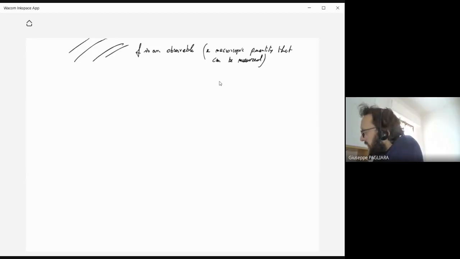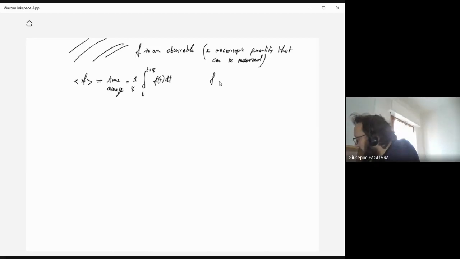And we can define a sort of average of F, a time average, as this sort of integral. I have 1 over tau, integral between t and t plus tau, and then I have f of t dt. Because since the system is changing states, f will be a function of t.